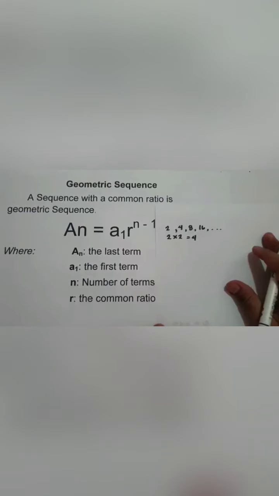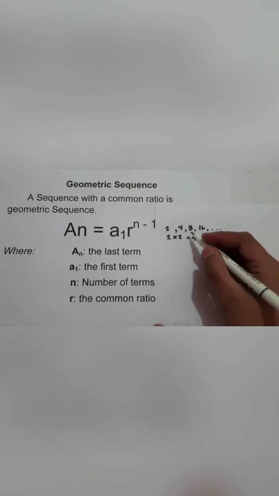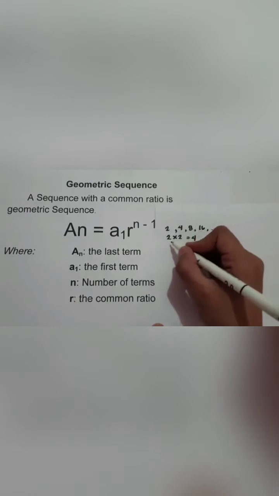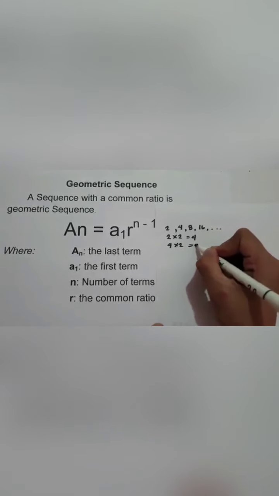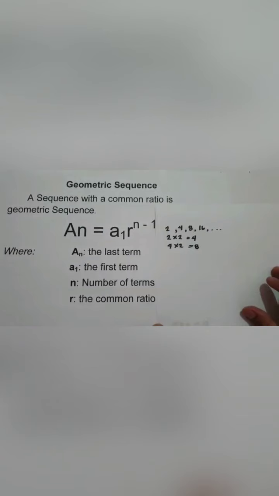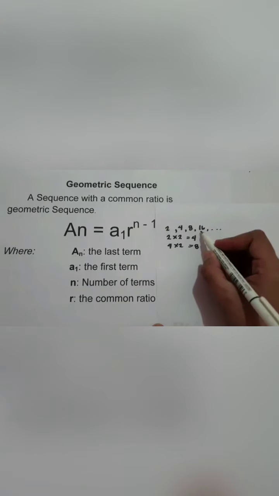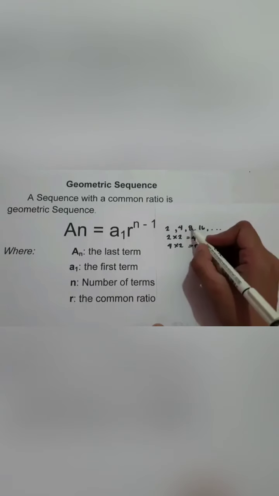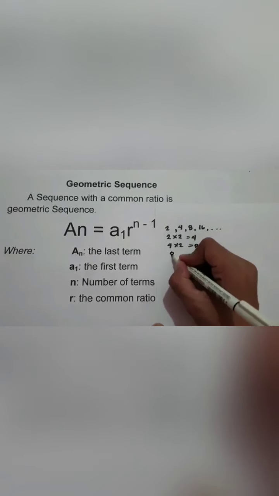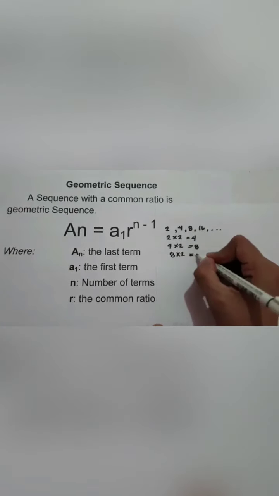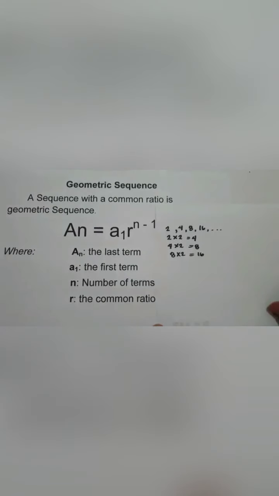The third term is 8. It's obtained by multiplying 2 to the second term, that is 4 times 2 is 8. And then the fourth term is 16. It's obtained by multiplying 2 to the third term, that is 8 times 2 is 16.